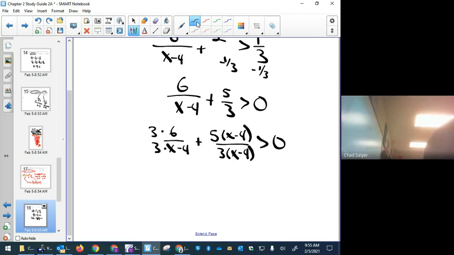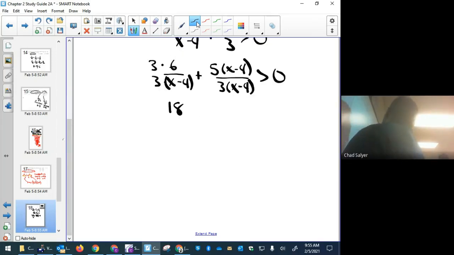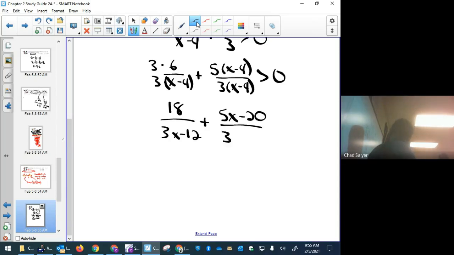This makes sense to everybody? Kind of a tricky step. I just multiplied each term by the other's denominator to force a match. Okay, so that's 18 over 3x minus 12 and plus 5x minus 20 over 3x minus 12.